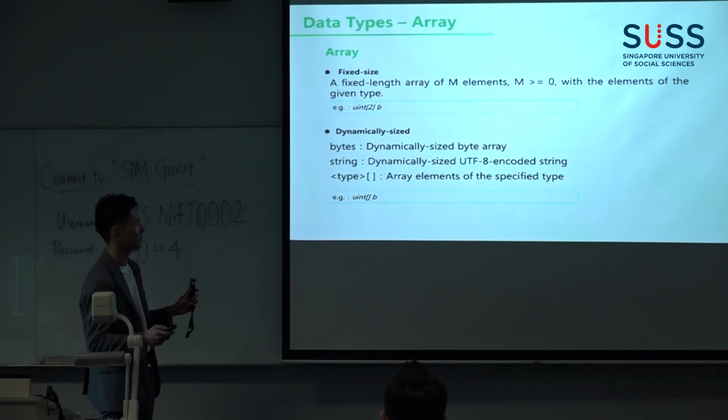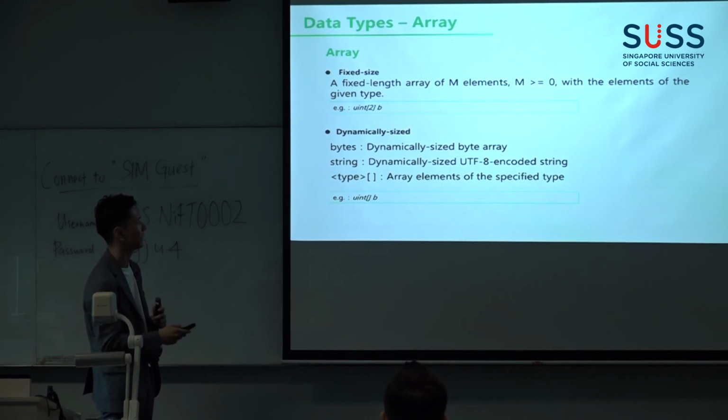It just means that there are a dynamic number of elements in our custom dynamically sized array. So in this example, there's a dynamically sized array of uint. We don't know how many elements there are, but at runtime it'll be figured out.